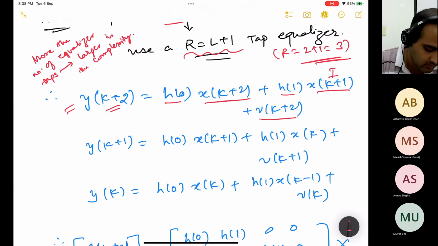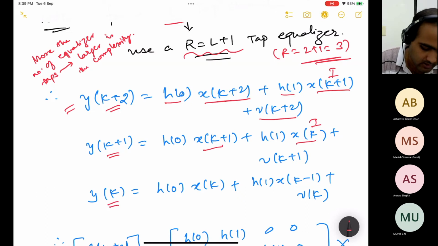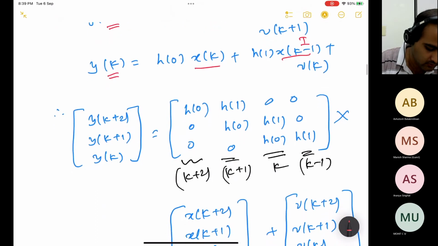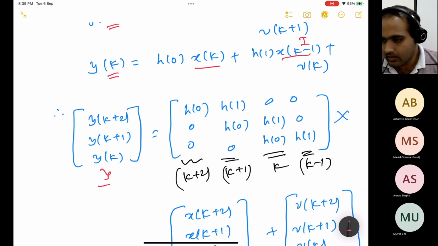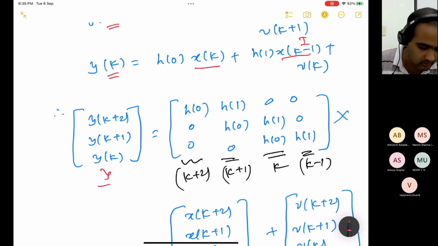Similarly, yk plus 1 has xk plus 1, which is my required signal, and xk is my interferer. Similarly, at yk, I should have got only xk, but I am also getting xk minus 1, which is my interferer. If we write it in matrix form, this is my y matrix, which has the 3 y's: yk plus 2, yk plus 1, and yk.